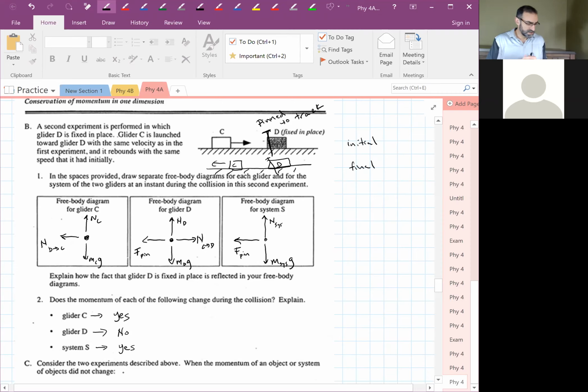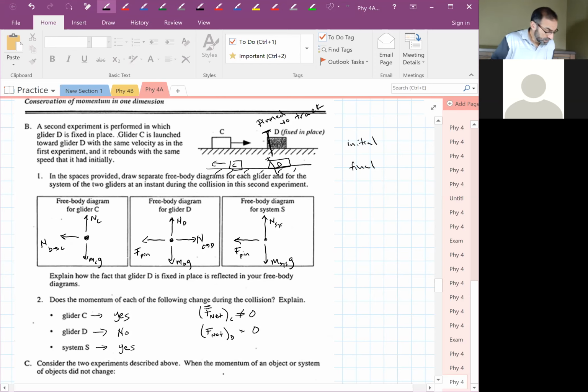So the system's momentum changed. How about the net force on C? It is not zero, right? There's a net force acting on C. The net force on D is zero.